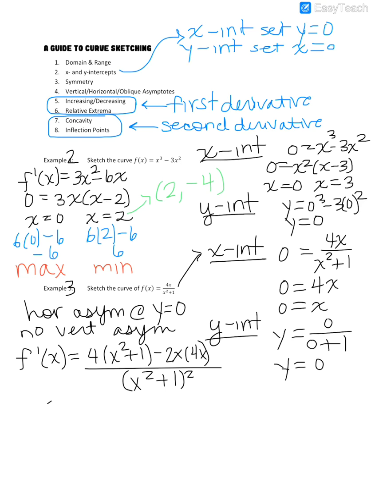I want to set this equal to 0. Remember, the denominator does not help me equal 0. I don't really worry about it, I just want to worry about my numerator. So I have 4x squared plus 4 minus 8x squared, so that's negative 4x squared plus 4. I can factor out a negative 4.